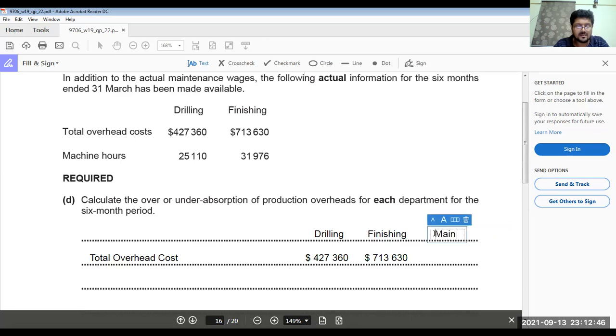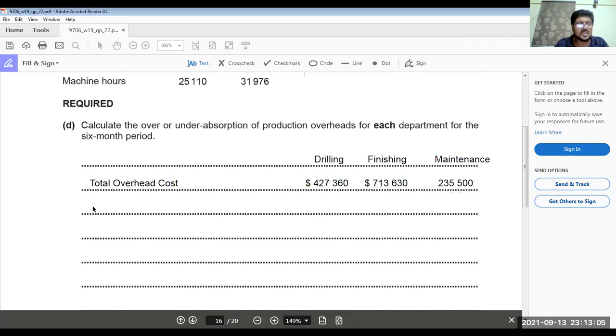Maintenance: we calculated 235,500. So we have to divide this cost. Portion: 235,500 and the percentage was 38 and 62%.